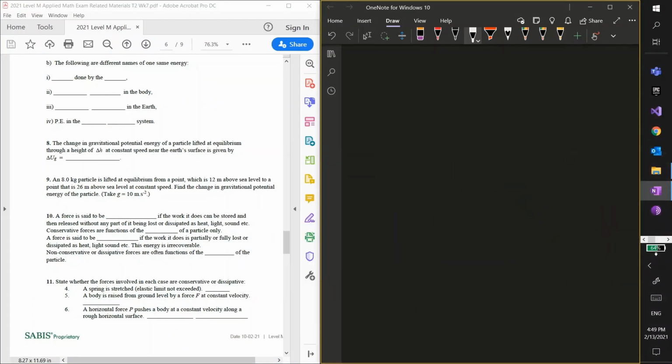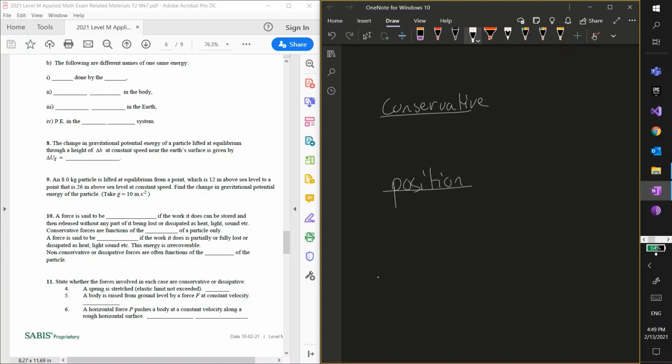Okay, question number 10. A force is said to be conservative if the work it does can be stored and then released without the work being lost, yeah? That's the first blank. Conservative forces are functions of position. I'll explain this in a second.